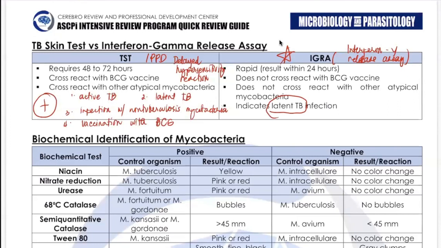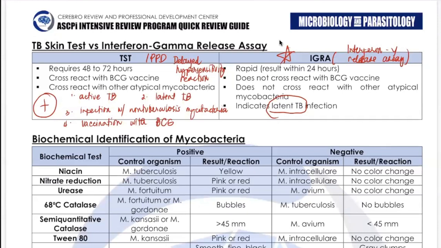Parang may isang tanong na positive siya sa IGRA, negative siya sa TB skin test, ano daw yung ibig sabihin? Ay baliktad. Positive pala siya sa TB skin test pero negative siya sa IGRA. So it could be because of the vaccination with BCG. Okay? Tapos may isang tanong din na ano daw yung advantage ng IGRA over TST.